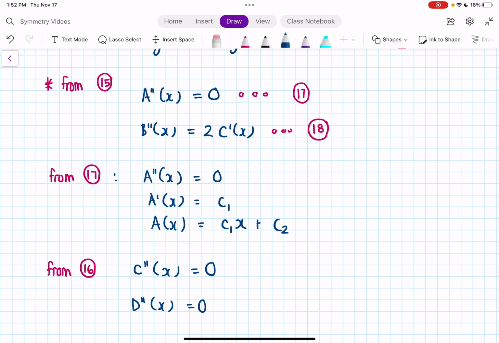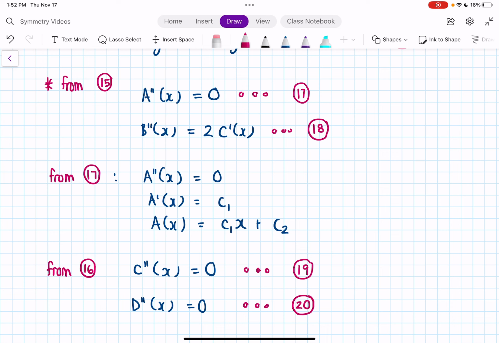That's why I left 18, because in 18 I had B of x and C of x, and I can't marry those two together and do anything with them. But if I have C by itself, as I do here, now I can try to do something. So this I'm going to call 19. And this I'm going to call 20.